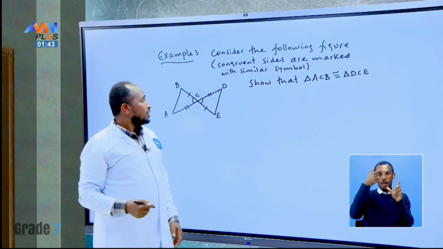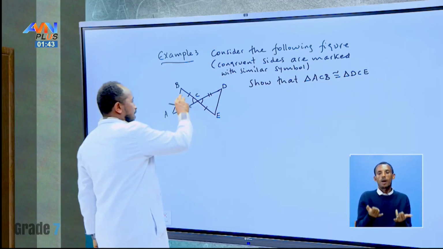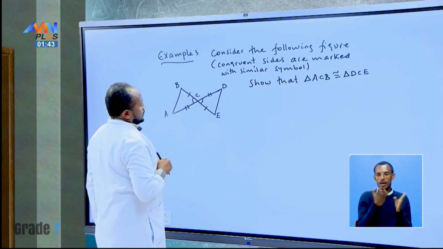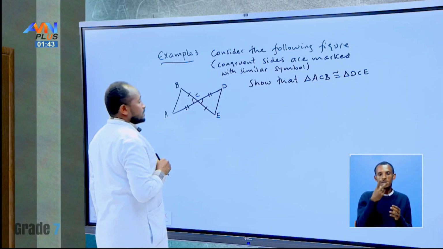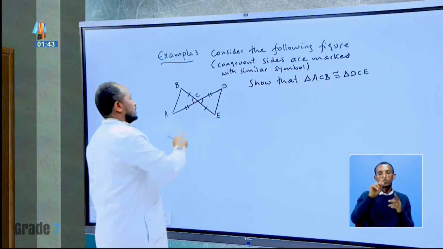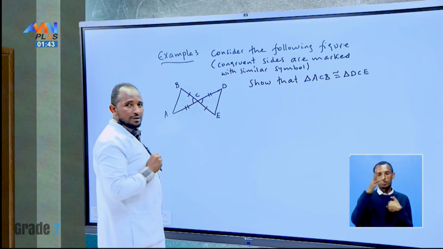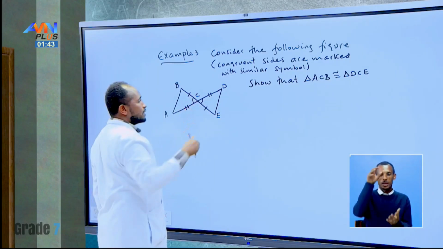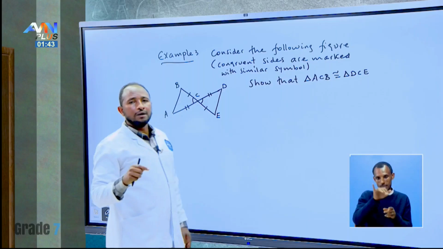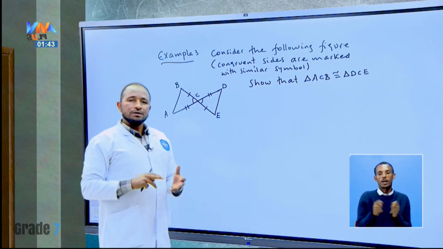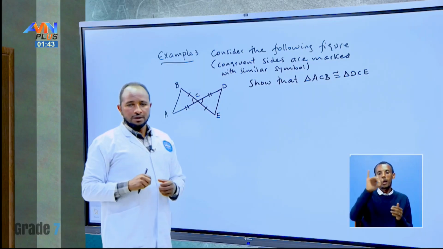Now we are ready to judge the congruency of these two triangles. Here we have two corresponding sides congruent and the included angle for both is congruent. Therefore, these two triangles are congruent by the side angle side congruency test.